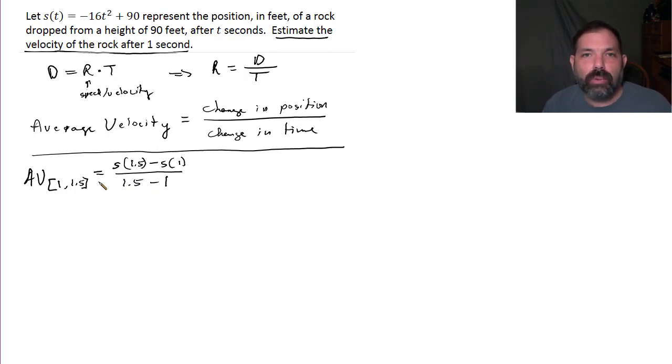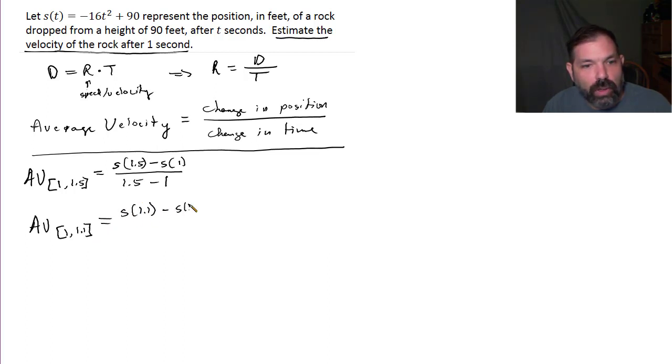Isn't that exactly what we were doing in the previous exercise? We just had a different kind of function. We were looking at the slope of a secant line. Now this is just an average velocity. Then if we wanted to, we could make that interval smaller. Let's go from 1 to 1.1. Then I'd have s of 1.1 minus s of 1 over 1.1 minus 1.